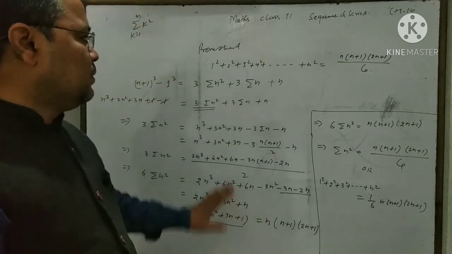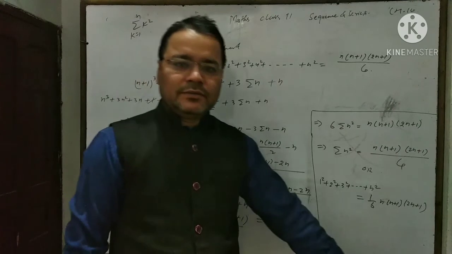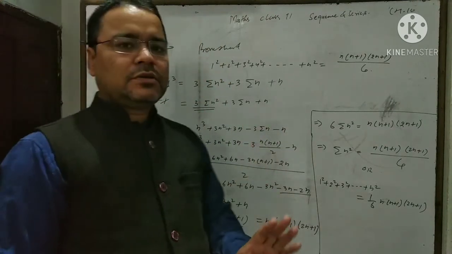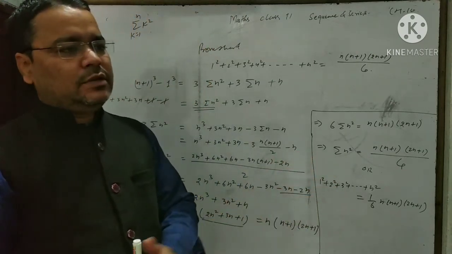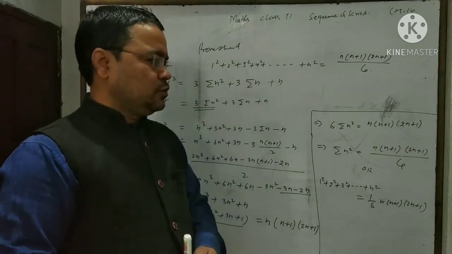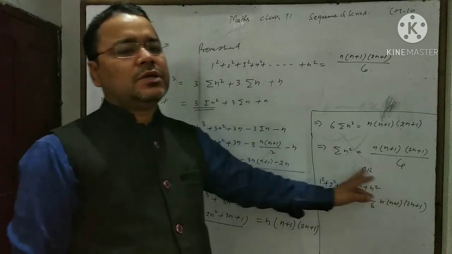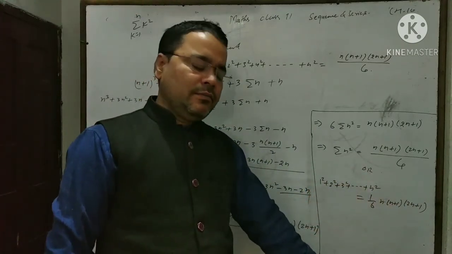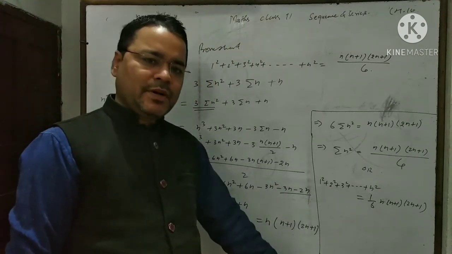This is the way of proving this. In the question, the proof of this value may also be given. Sum of the first n terms: prove that 1 plus 2 plus 3 up to n is equal to n(n+1) by 2, and similarly we can give questions on this basis also. Practical questions may also be given in your exam. Therefore, go through it properly.